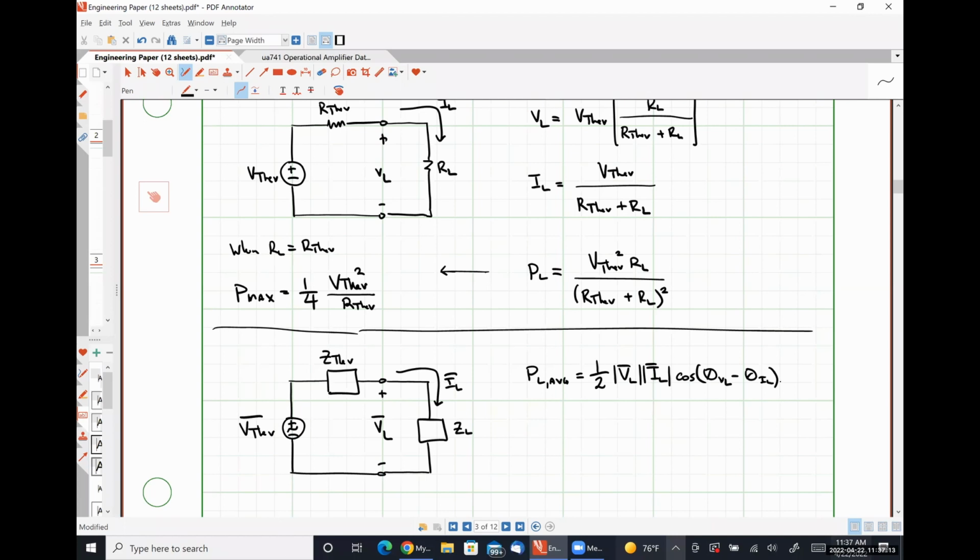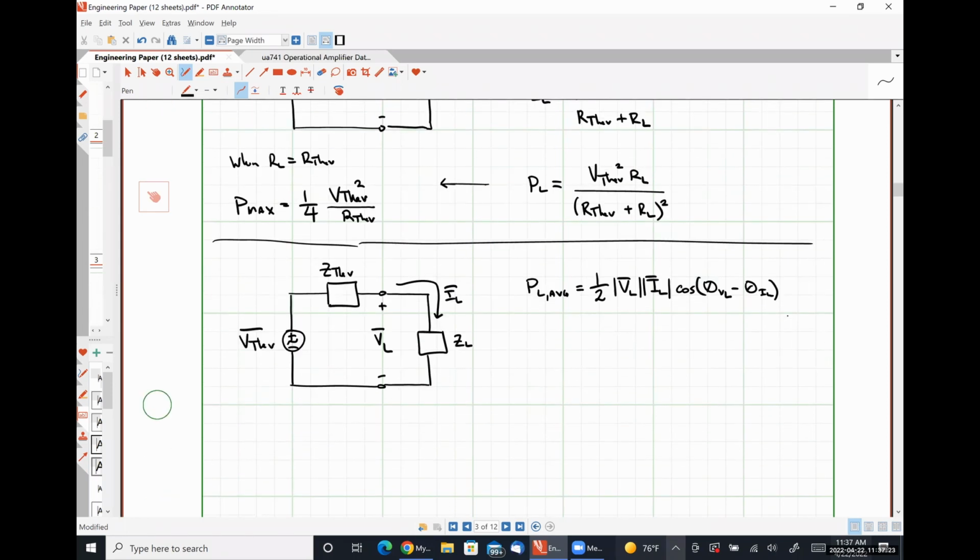So we can determine VL by using voltage division, much like we did up here in the DC case. So we could say that VL as a phasor voltage using voltage division is V Thevenin times ZL over Z Thevenin plus ZL.